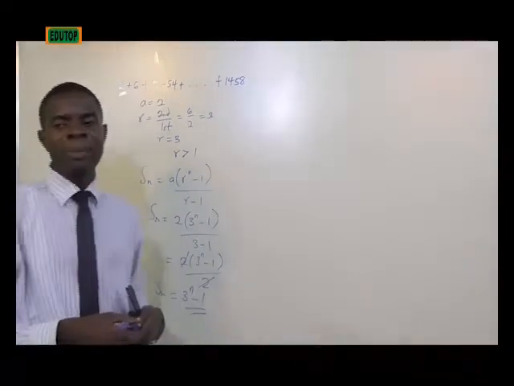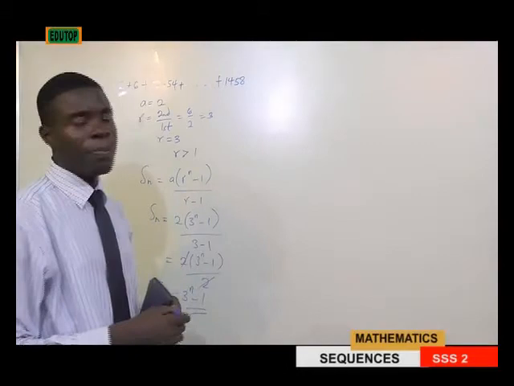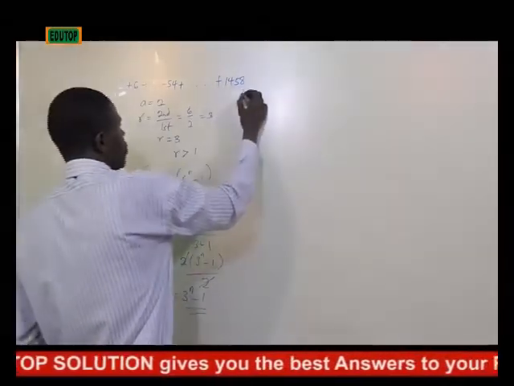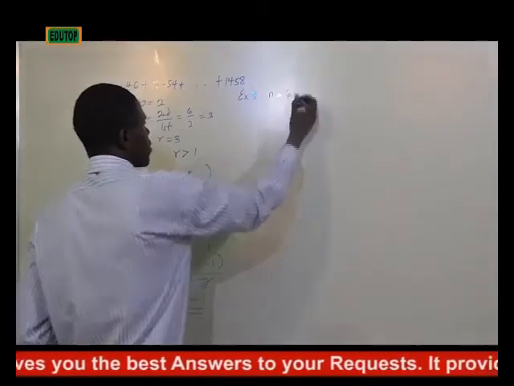Example 3. A GP has 6 terms, so the number of terms is 6.